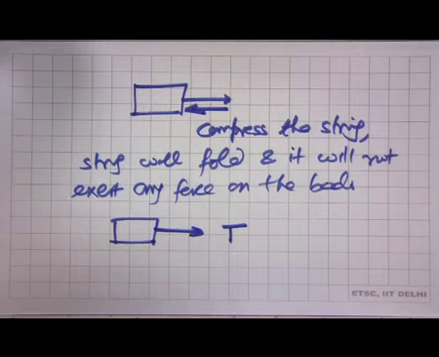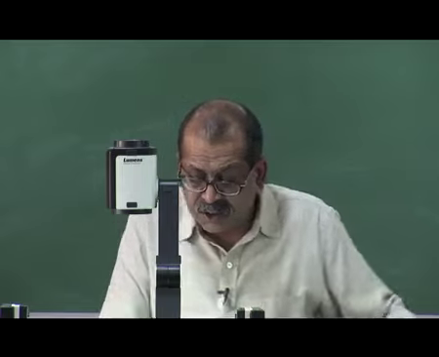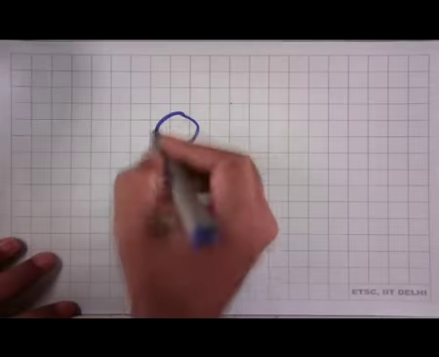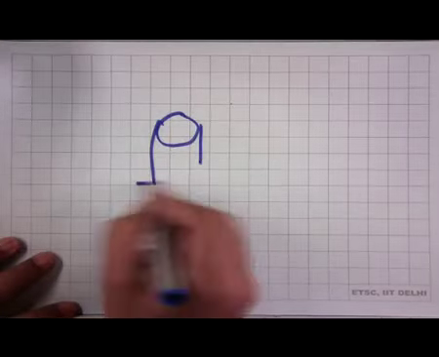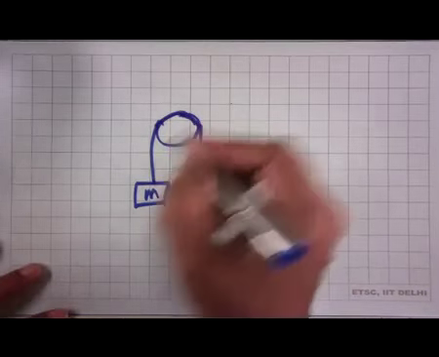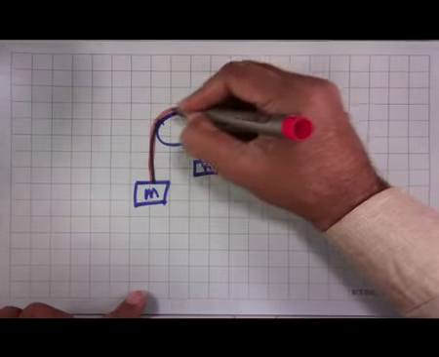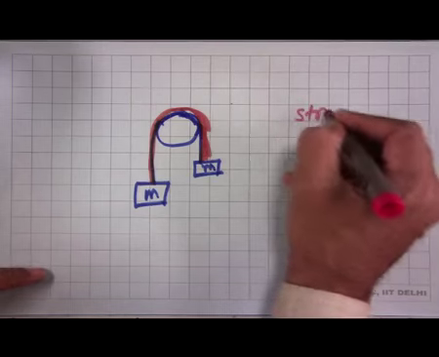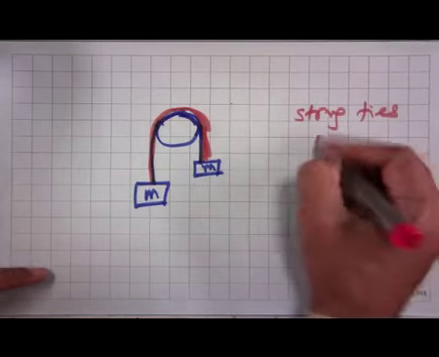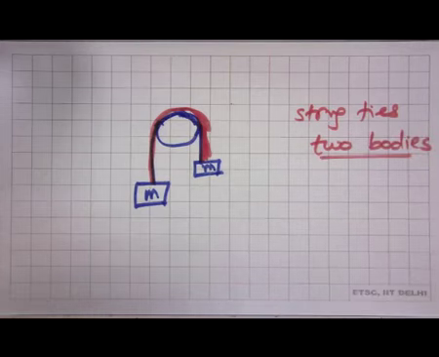And what we often have are problems like this where, let me show the string with a different color, we have a string which ties two bodies.